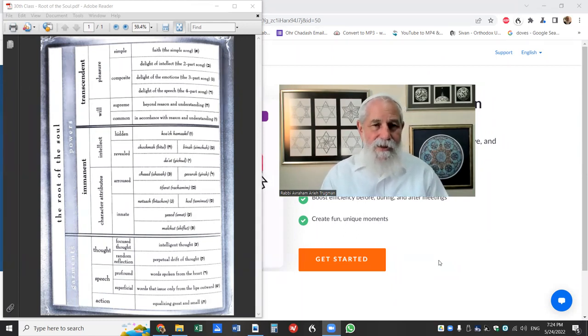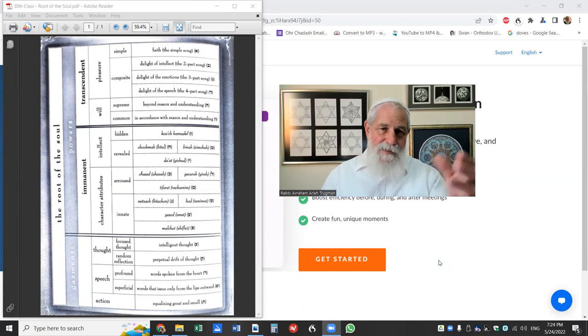And here in English, there's what's called supreme will or common will. And in Hebrew, it's called ratzon elyon and ratzon tachton, like the higher type of will and the lower type of will. What is an example of the higher type of will, the supreme?